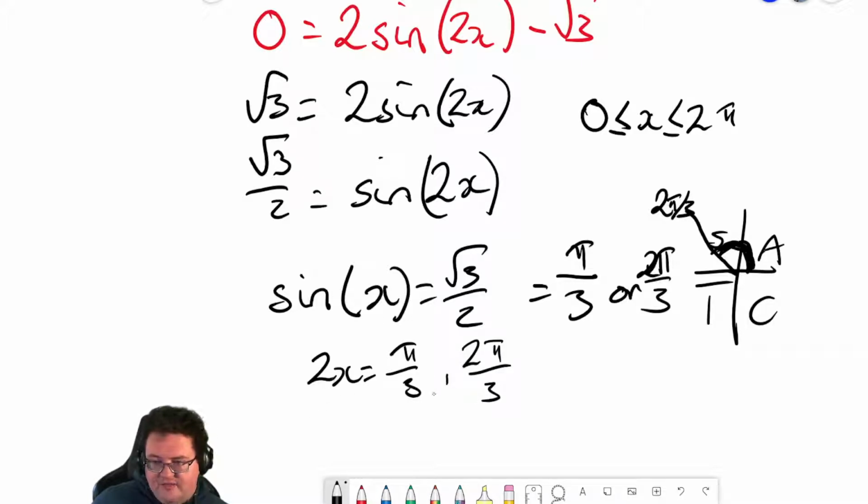Well, if I divide both sides by 2, I get pi on 6 and 2 pi on 6. Small problem. Is that all of my solutions?